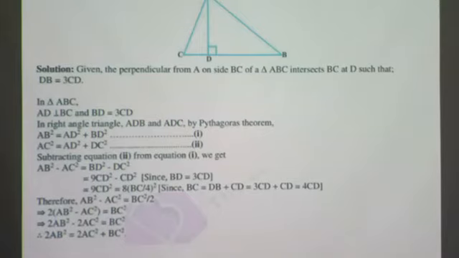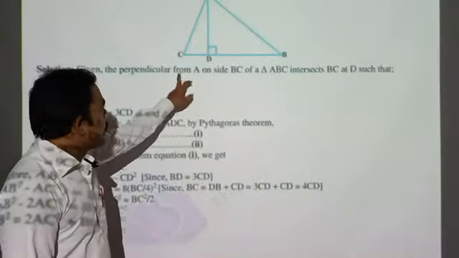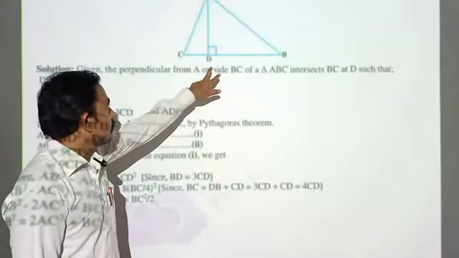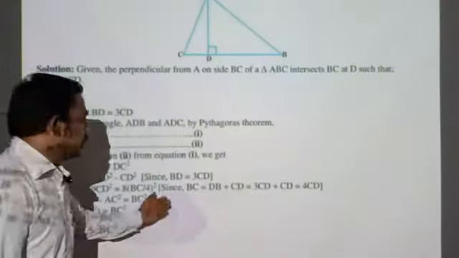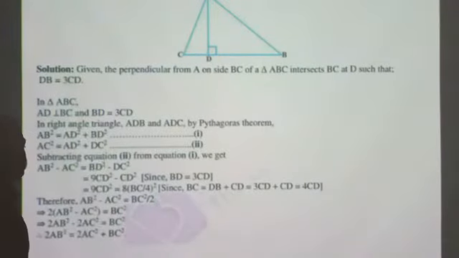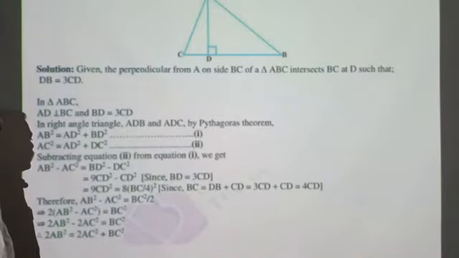Now 9CD squared minus CD squared. Here just think: BC is nothing but BD plus CD, so replace: 3CD plus CD is 4CD. So BC equals 4CD, and CD equals BC divided by 4.